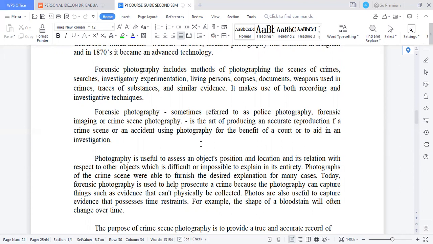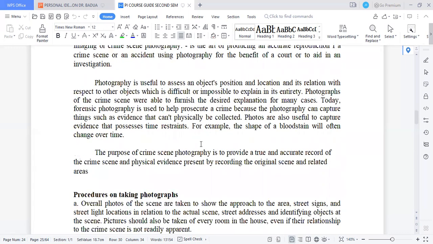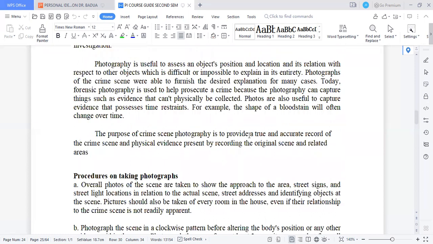Once you have a photograph, you have preserved the crime scene. And this would now be very helpful as evidence in the administration of justice. It would provide a true and accurate record of the crime scene and physical evidence present by recording the original scene and related issues.